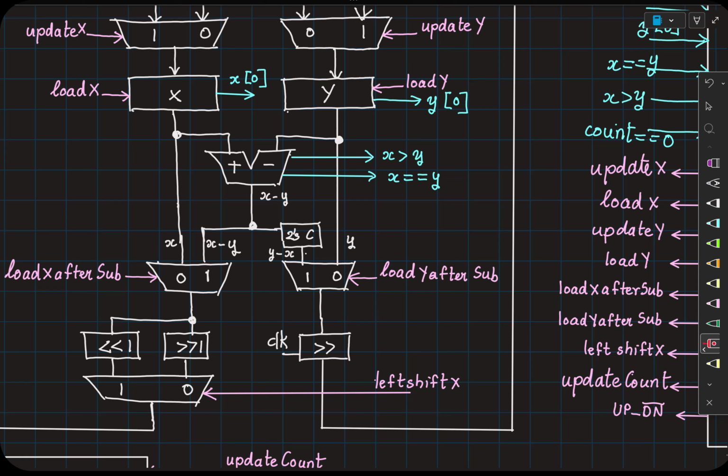Now, if you wanted this right shifted value to be stored in X and Y, then you have to make sure that your load Y signal and the update Y signal are going high appropriately. That's all. You have to keep track of when you expect an input to come at the D input of the flop, and you make sure that the load X or load Y are going high appropriately according to that.